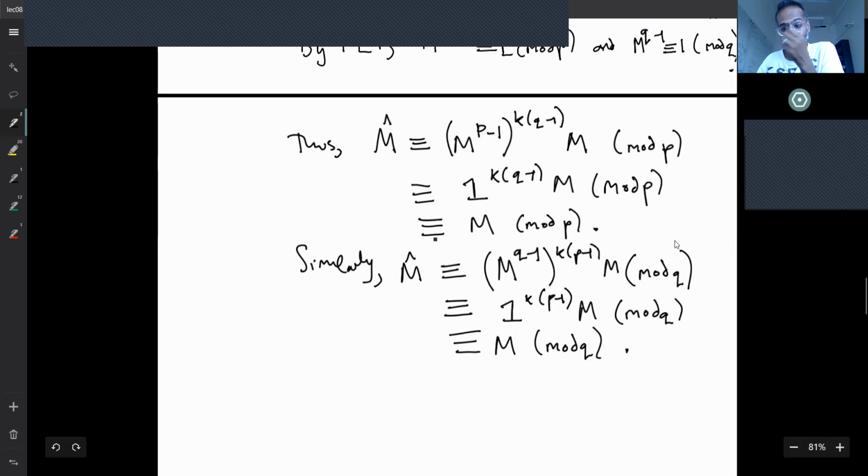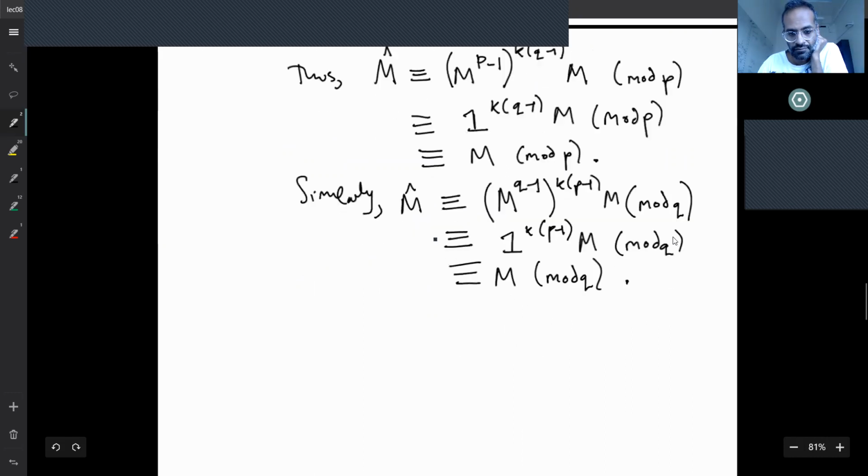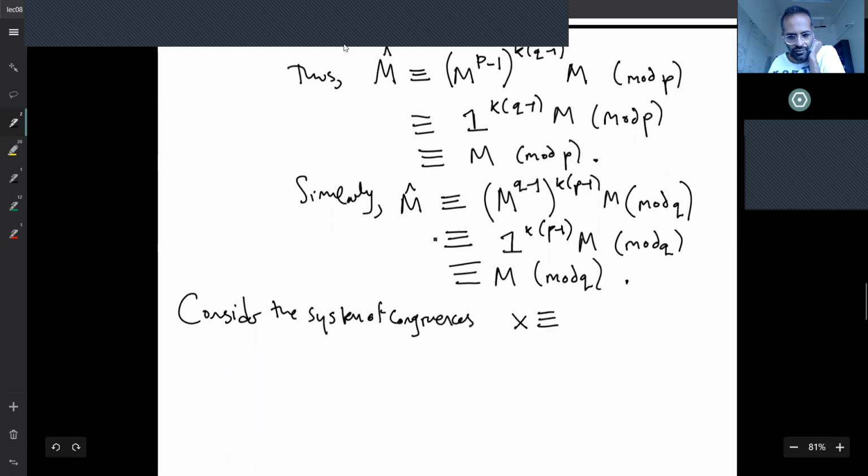Okay. Now I'm going to use the Chinese remainder theorem. I'm going to consider the system of congruences: x is congruent to m mod p and x is congruent to m mod q.